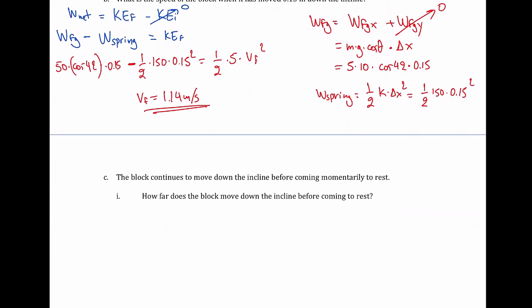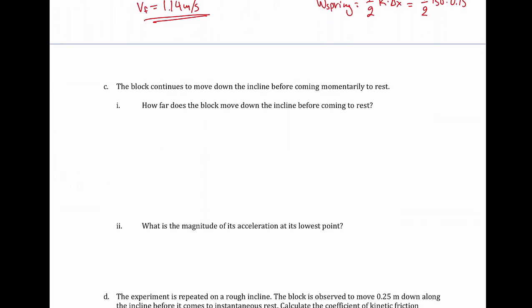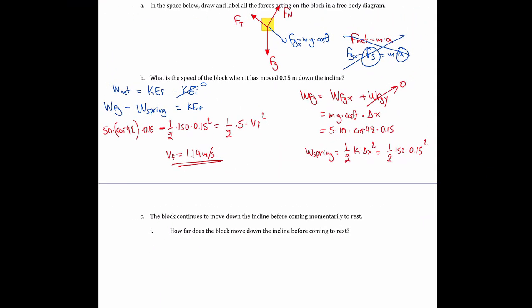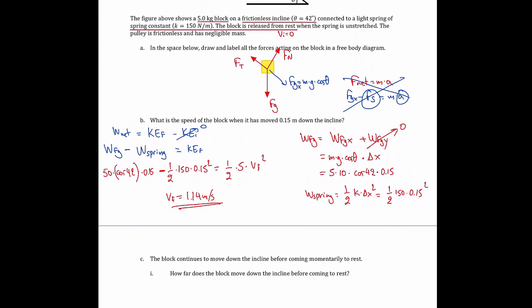Now, in part C, the question mentions that the block continues to move down until it comes to rest. And the question is, how far does the block stretch? Probably we can do exactly the same method.